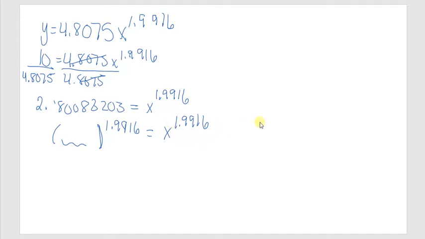I did 1.85 to the same number, and it gave me 2.2, so this is too big. So it's somewhere between the numbers 1.5 and 2.